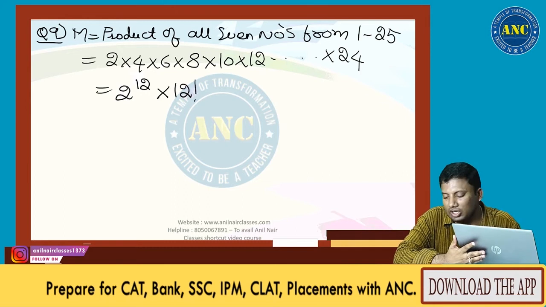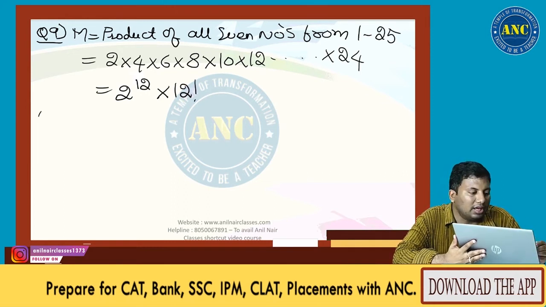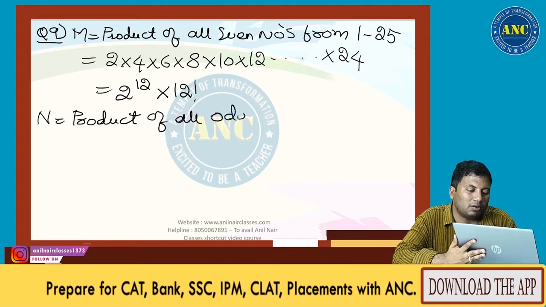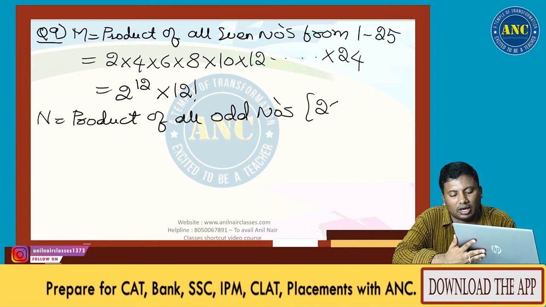This is the representation. N is the product of all odd numbers from 26 to 200.